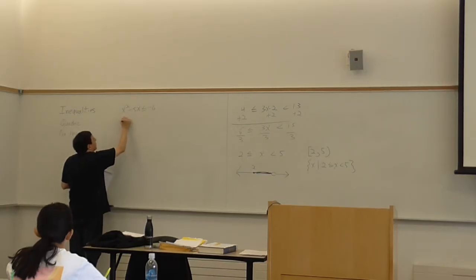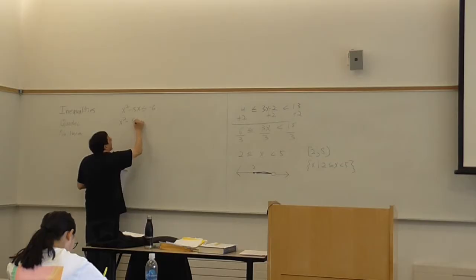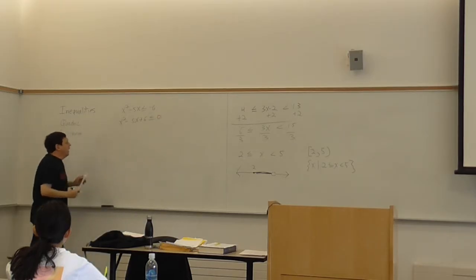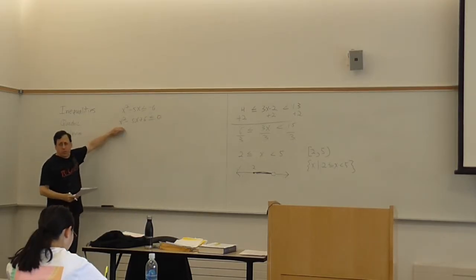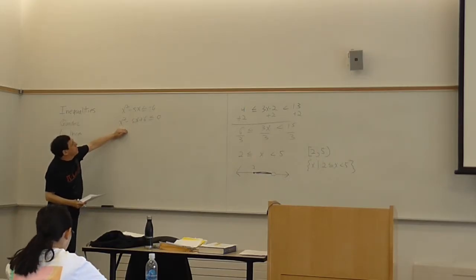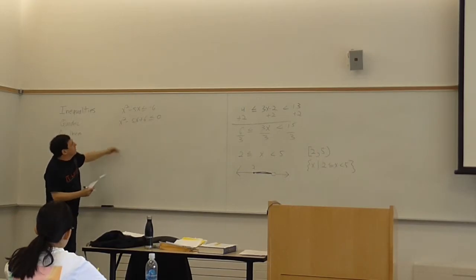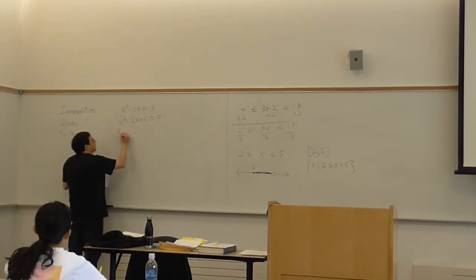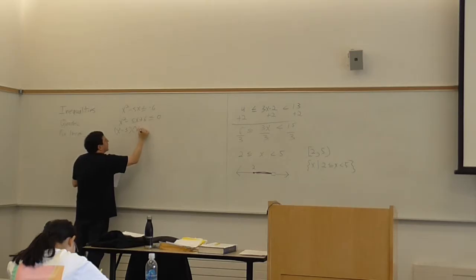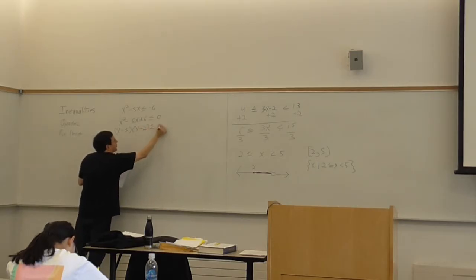We're going to put everything on one side, and we want to see what the roots of this are. We want to factor this. So this is x minus 3 times x minus 2 is less than or equal to 0.